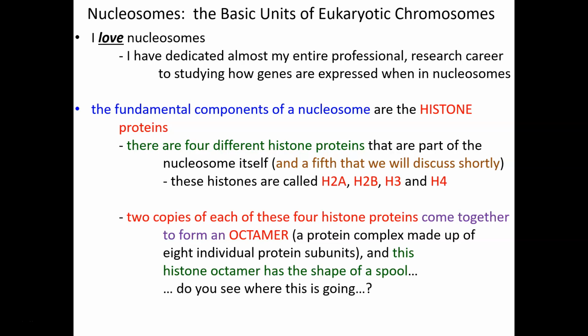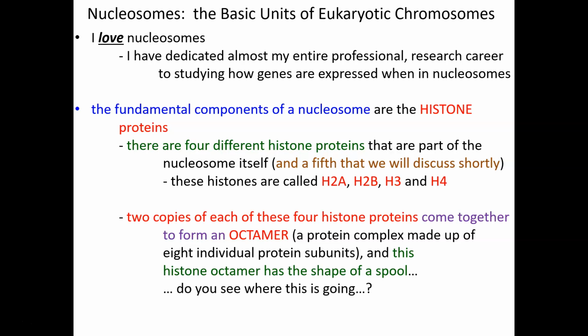And maybe you now kind of can see where this is going. If the histone protein octamer forms a protein spool, then we need DNA thread to wrap around the perimeter of that spool. And that's how we compact DNA. Just like you would take a clump of sewing string, and if it was this disorganized mess in a lump, you could organize that by wrapping that thread around a spool.